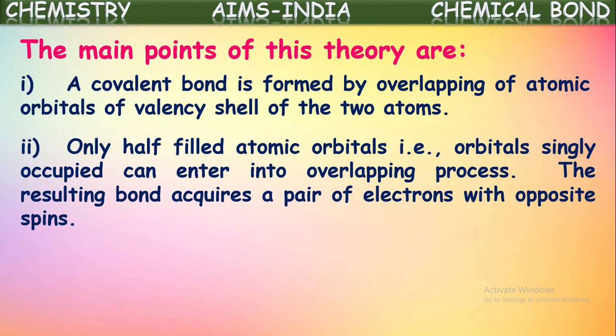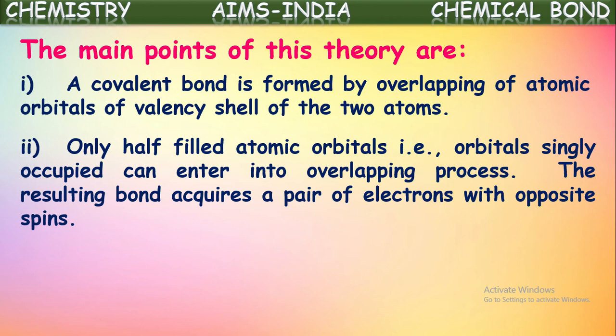Only half-filled atomic orbitals, that is orbitals which have a single electron, enter into the overlapping process. As a result, the bond acquires a pair of electrons with opposite spin.